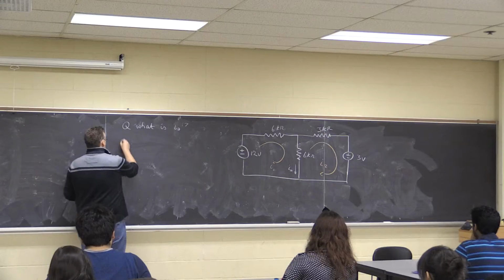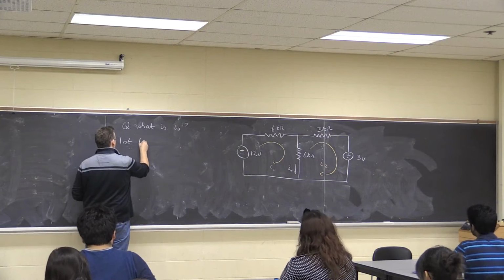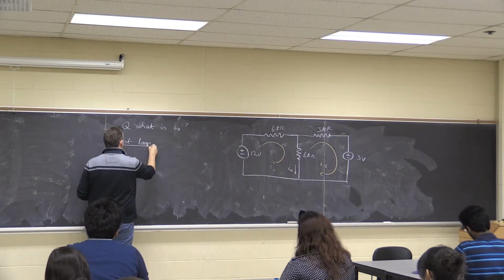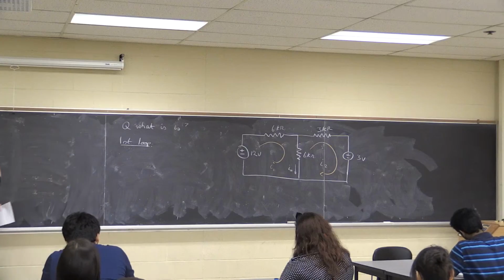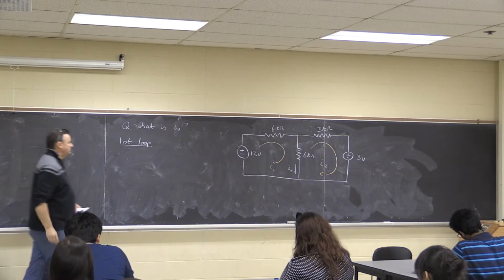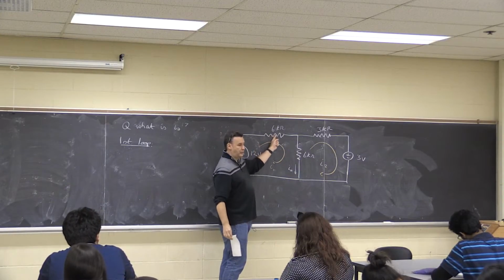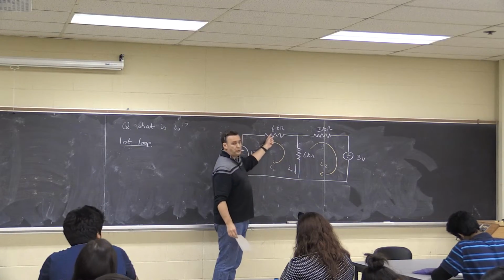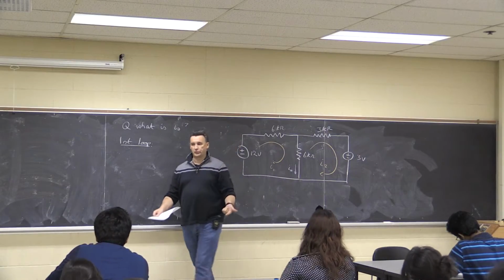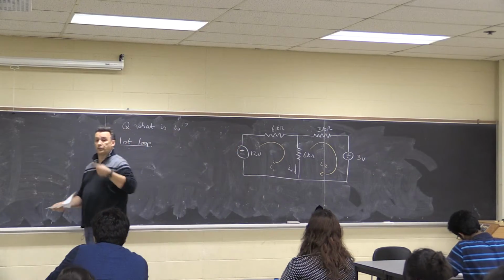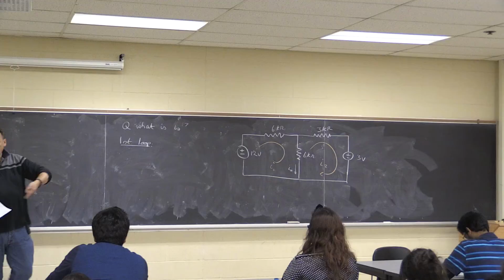So let's look at the first loop. And basically, as we ride along with this current, if it goes through a resistor, there's going to be a voltage drop because we're assuming we've got a positive current that's flowing from positive to negative.